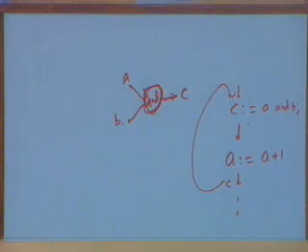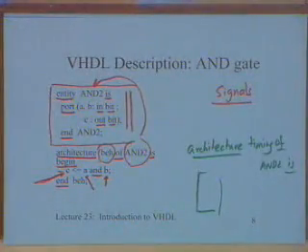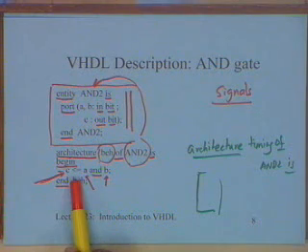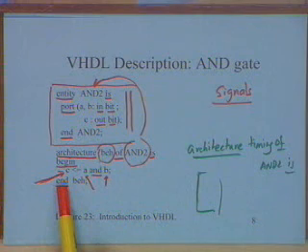But when I make this declaration, when I write this statement, it's called a concurrent assignment statement. Once I have this particular architecture declared, any changes on A or B will automatically be reflected on C. So what is the concept of driver?